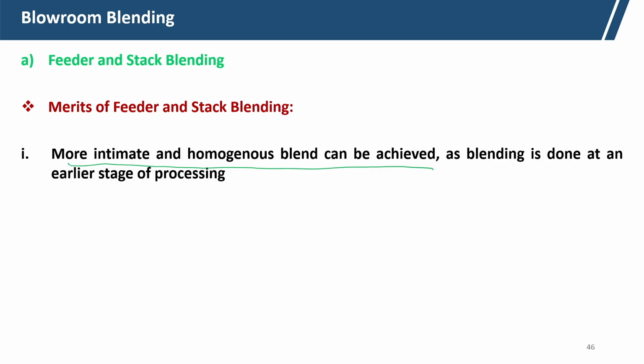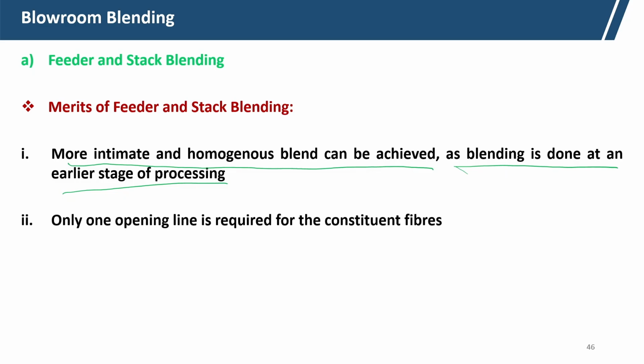So, blending is done at an earlier stage of processing, that is why we get more intimate blending. Only one opening line is required for the constituent fibers. So, for all the constituent fibers we need only one Blowroom line, which means the installation cost is low, the capital cost required will be low.